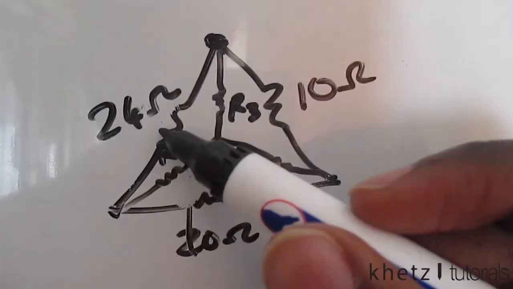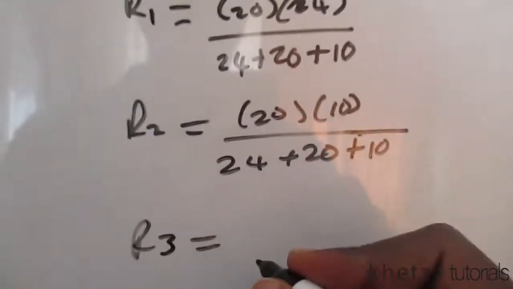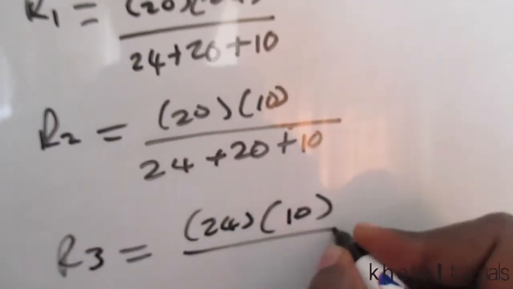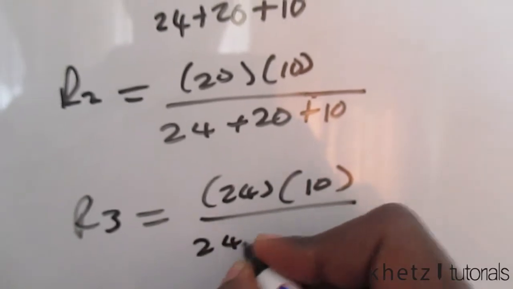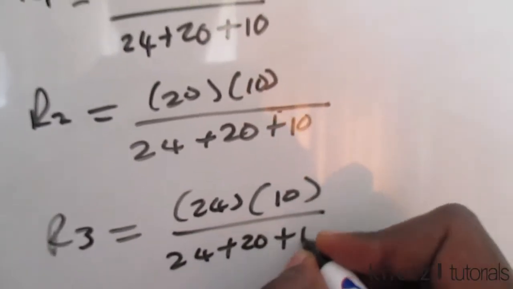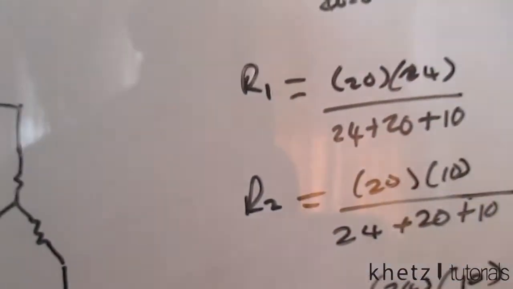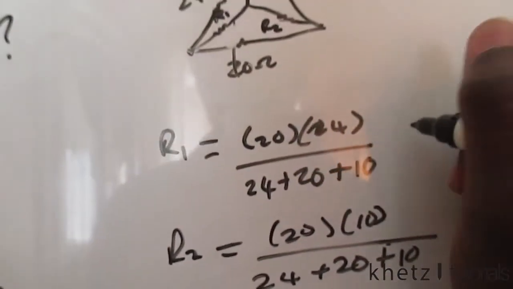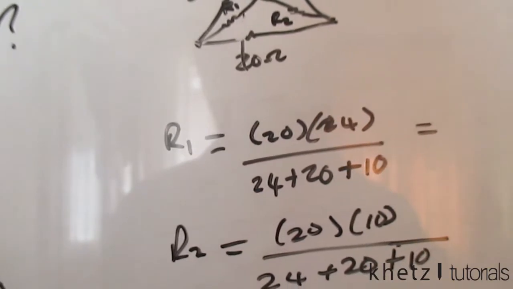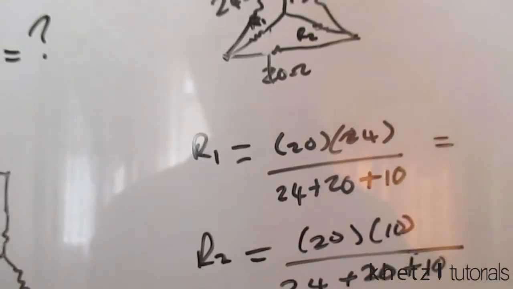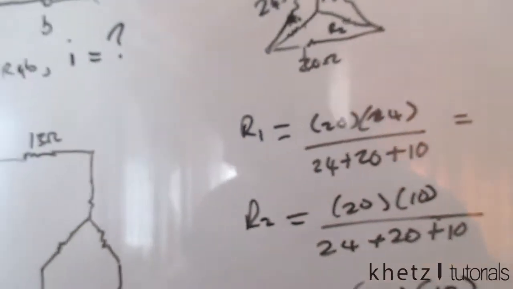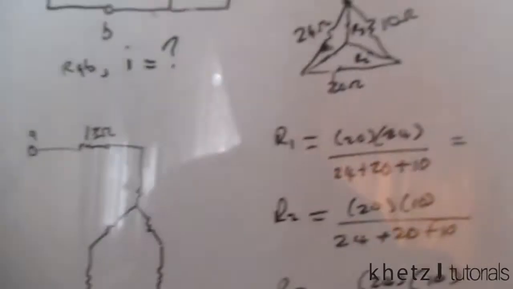It's between 24 and 10, and we divide by all the resistors in the network. All you have to do is punch this into your calculator.